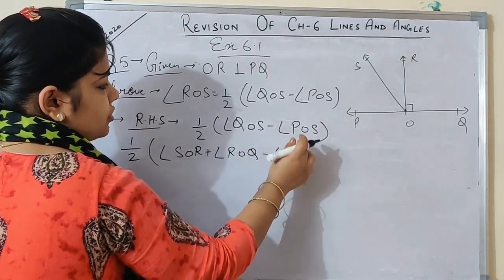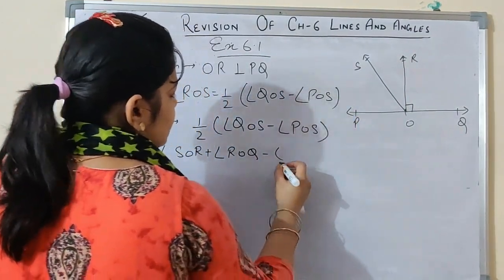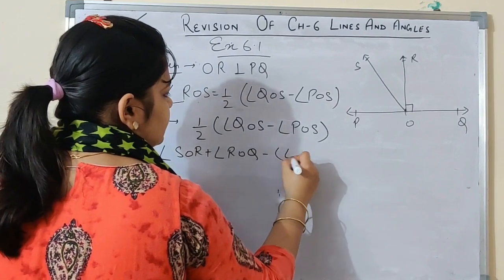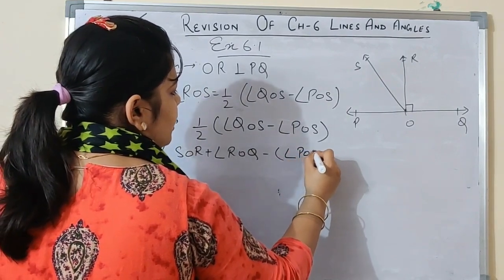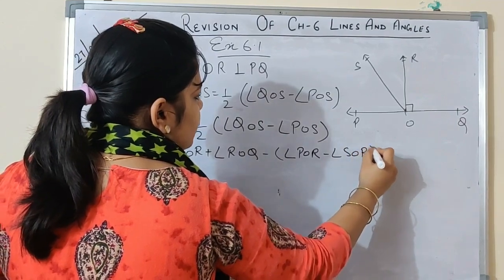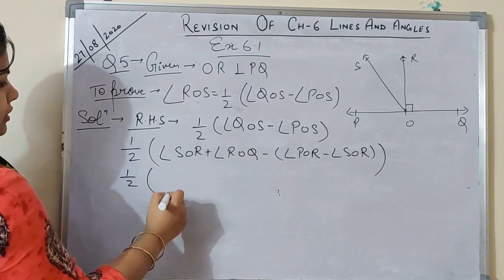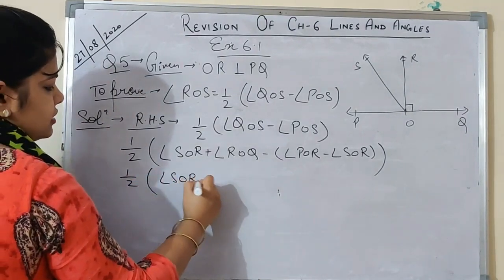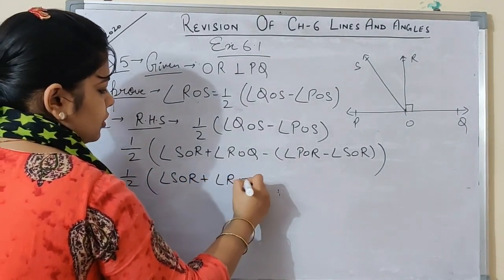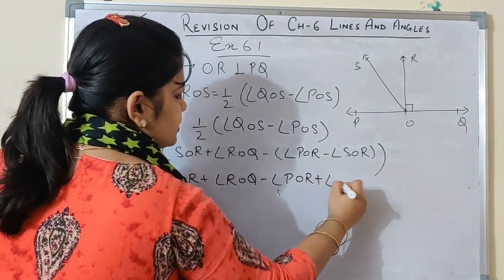Then in place of angle POS, we can write angle POR minus angle SOR. After this, we can just solve the bracket, and after solving it, we will get it like this.